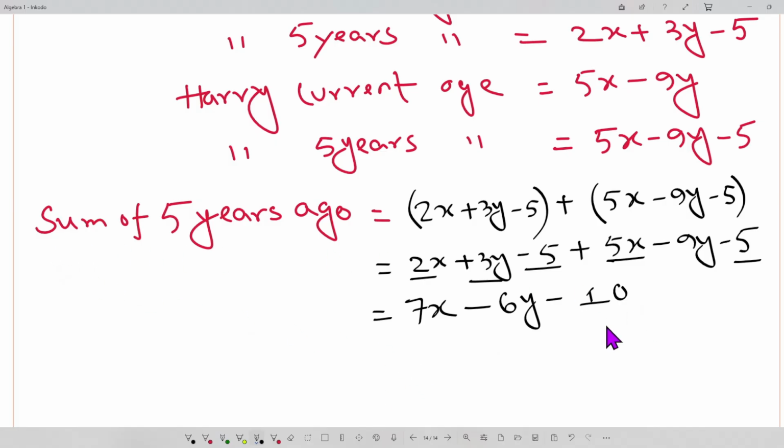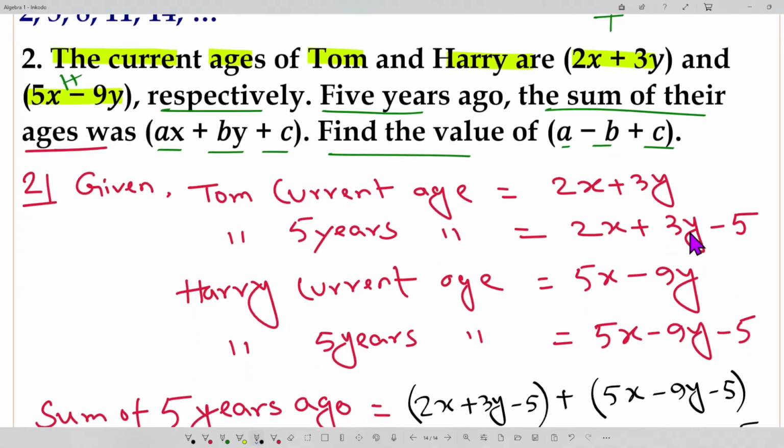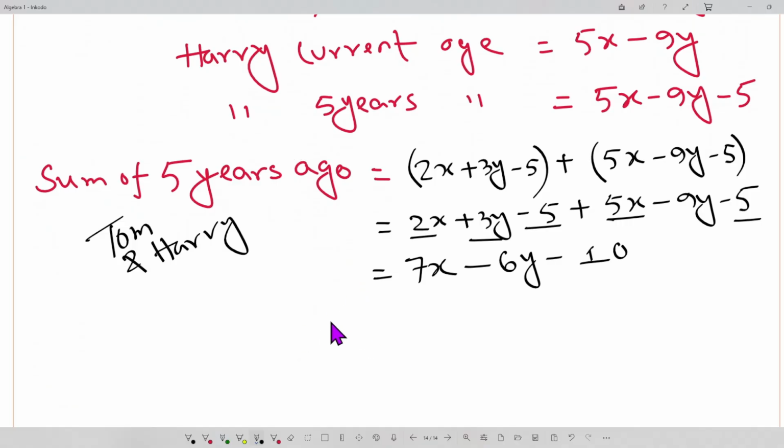This is the sum of the ages 5 years ago of Tom and Harry. Right? Now find the value of a minus b plus c. So if we combine, this is 7x minus 6y minus 10.